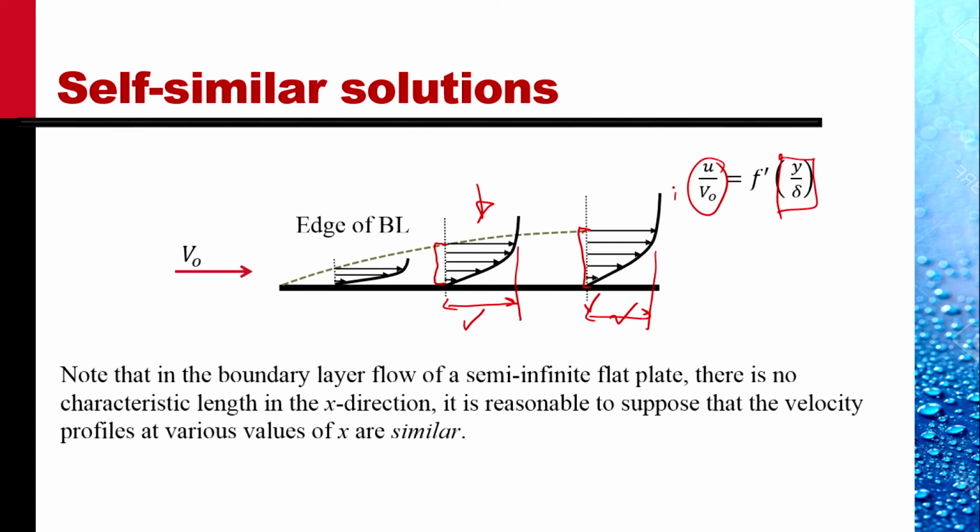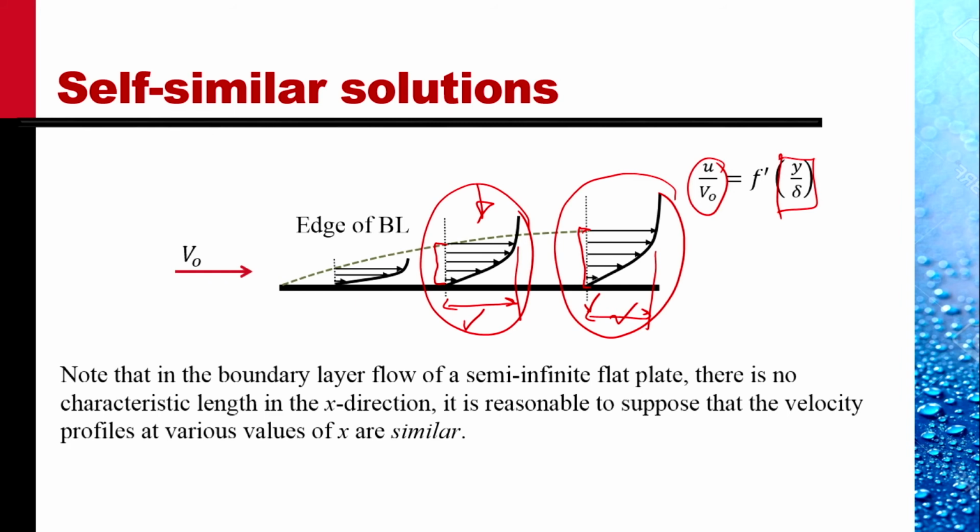We can consider the velocity profile at this location and the velocity profile at this location as two different experiments on the same plate with the same governing parameters. And if we do this, the velocity profiles are similar. Location changes, so the scale in the y direction changes.